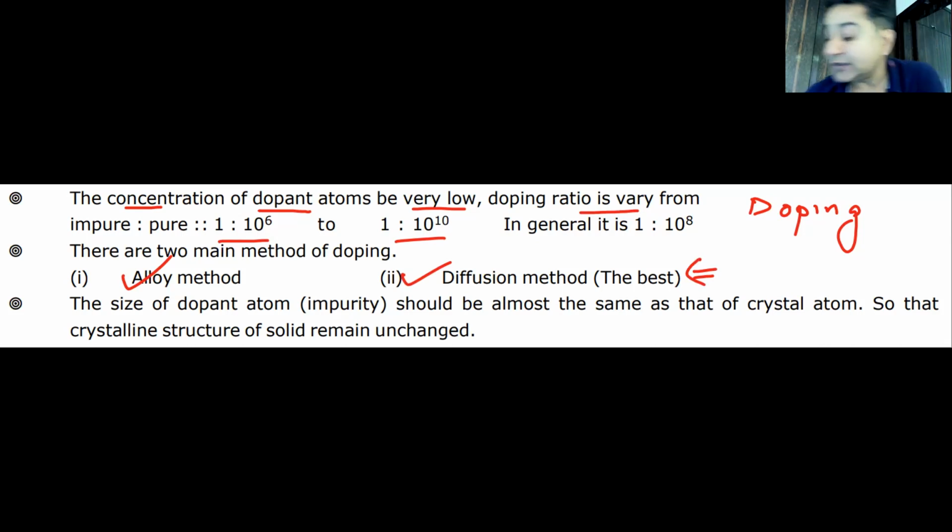Yes, sir. The size of the dopant should be same as that of the crystal. Otherwise, the structure will become distorted. We need to maintain the crystalline structure of the pure silicon or pure germanium. So if I put something which is of different size, the structure will become distorted. Yes or no? Yes, sir. So we add impurity or dopant of the same size. Remember, these are the properties of this dopant. Should not forget it.